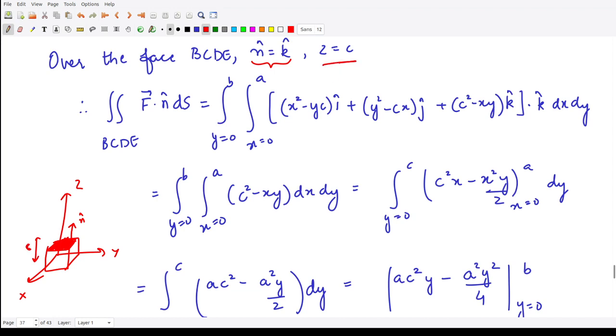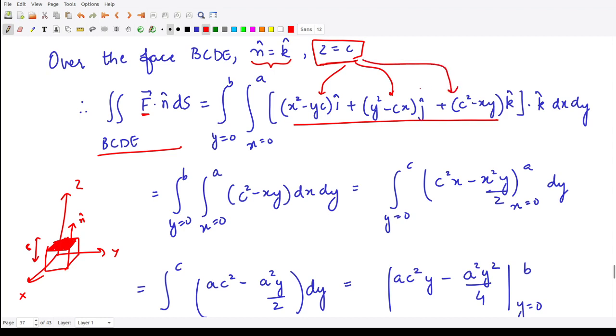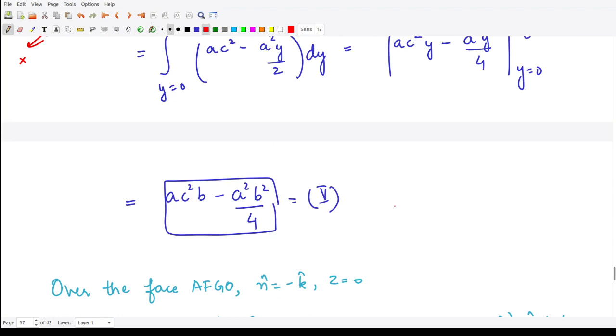So the value of z is equal to c here. So for this particular integral, we'll substitute the vector f, and wherever we see z, we will write c in its place. And moreover in place of n vector we will write k vector, and then take the dot product, solve the integration, and finally you obtain this value.